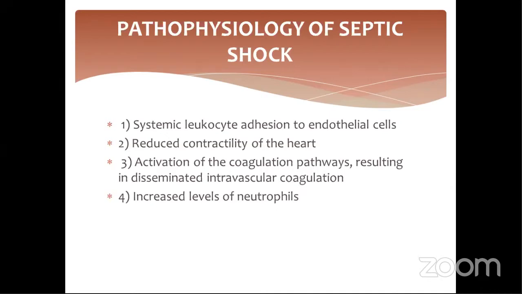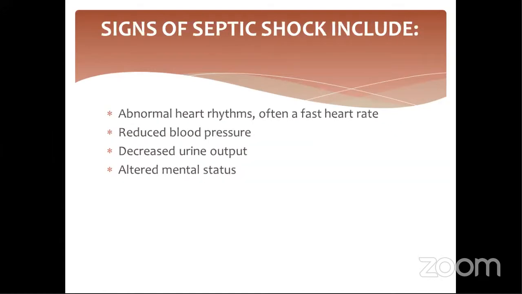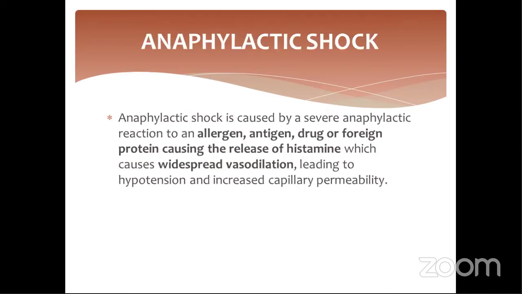So these are the pathophysiology steps. The signs are decreased urine output, altered mental status, abnormal heart rhythms, often a fast heart rate, and reduced blood pressure. Then next is anaphylactic shock.